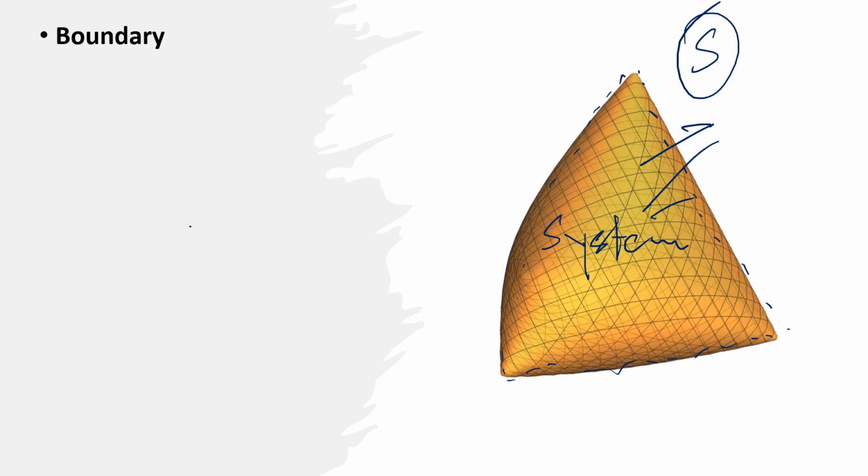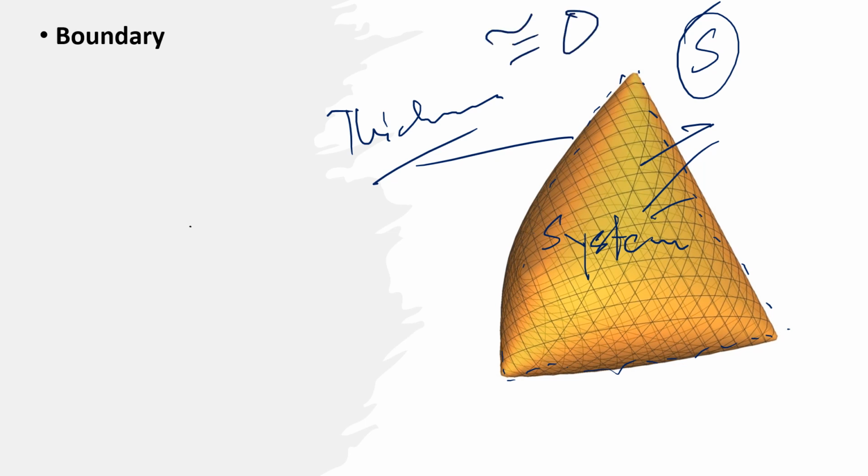Now the question is, if the thickness of this boundary is negligible, approximately equivalent to 0, then how could it prevent the mass transfer in case of the closed system, or even the energy transfer from the isolated system?